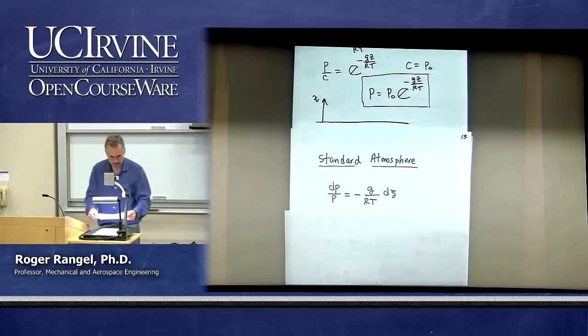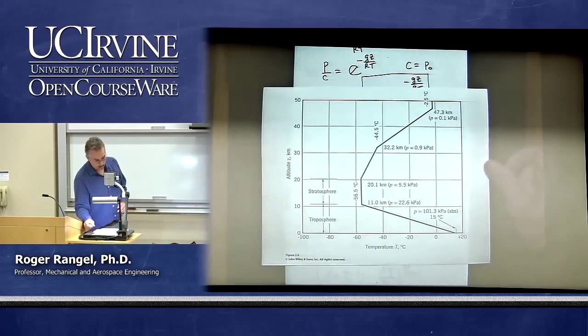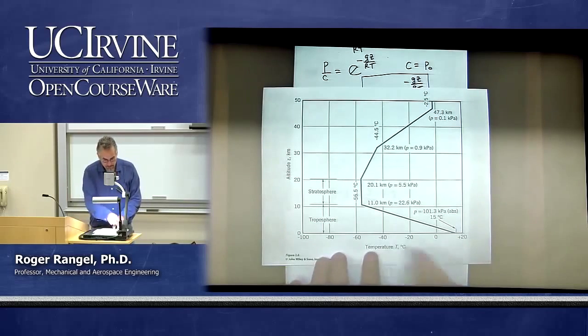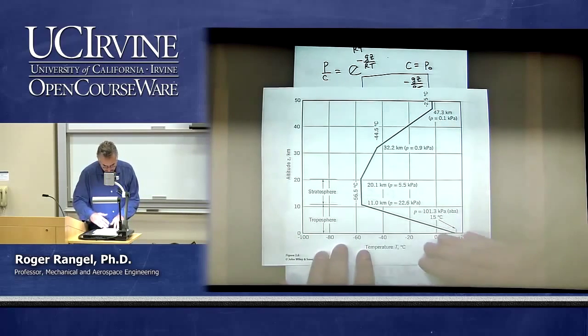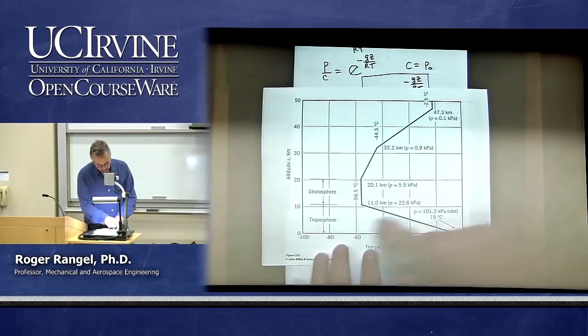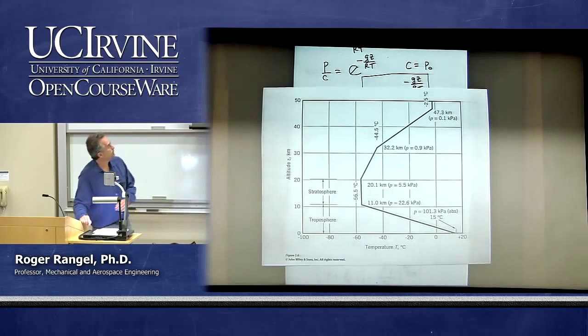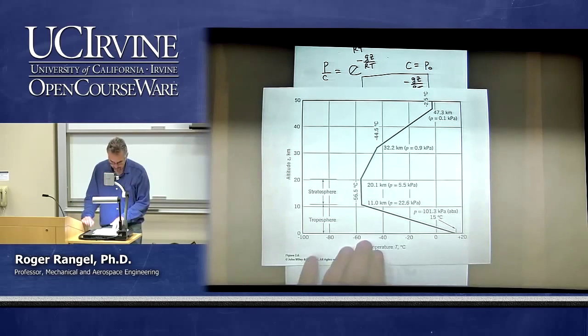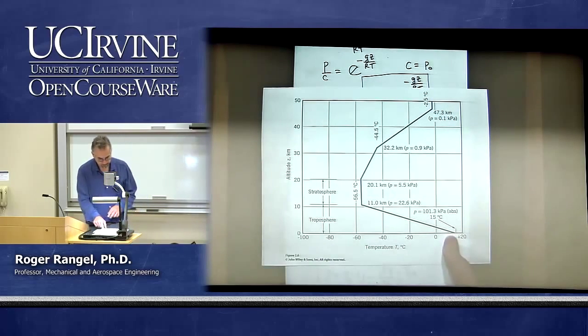Here is a plot of the temperature versus altitude for what we know as the standard atmosphere. As you can see, it divides the atmosphere. The lowest portion is the troposphere, then you have the stratosphere, and so on. Let's say, for example, that we're only interested in the troposphere, the lowest layer, from the ground to about 10 kilometers.